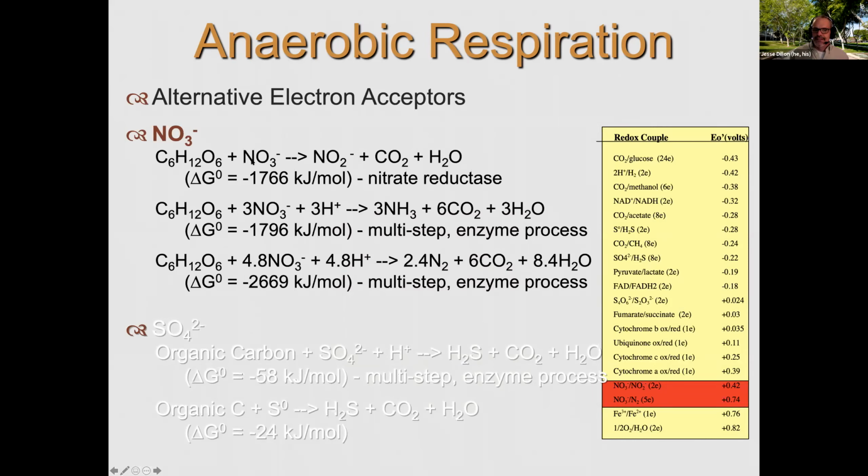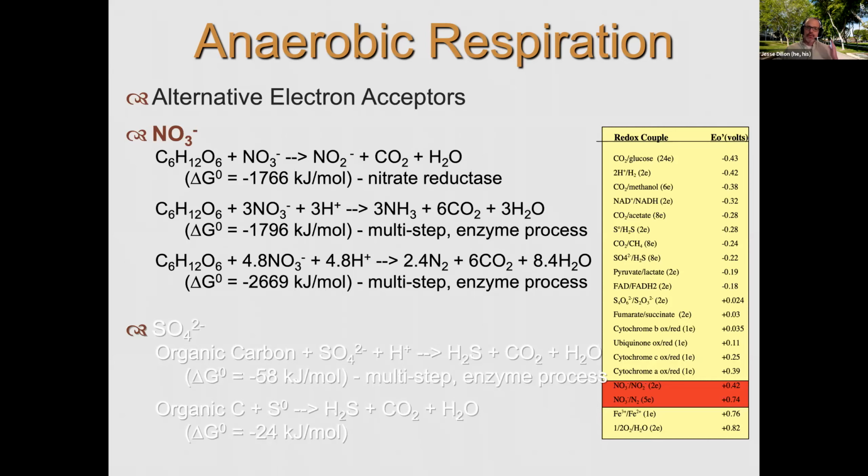Feed carbon, oxidize it with nitrate instead of oxygen, and convert it to nitrite. And this is catalyzed by the aptly named enzyme nitrate reductase. You are reducing the nitrate by one oxygen. We get rid of an oxygen. That means we put on electrons.